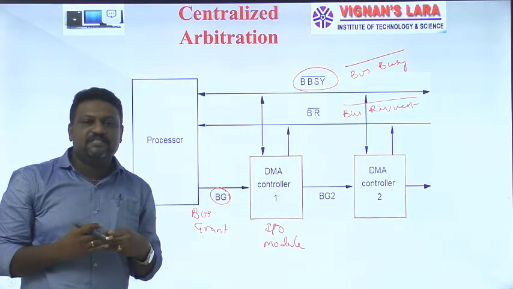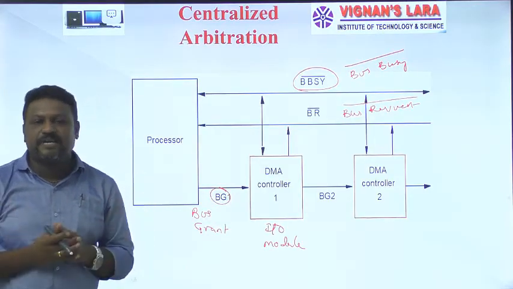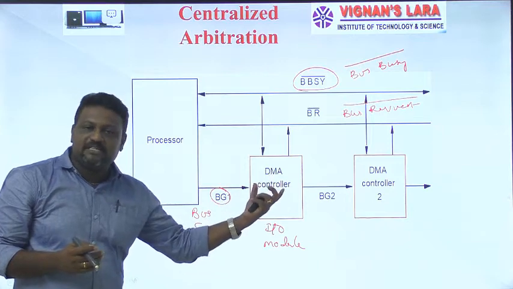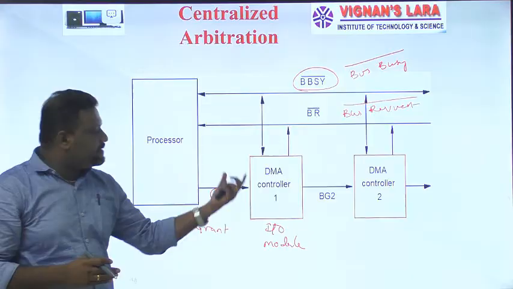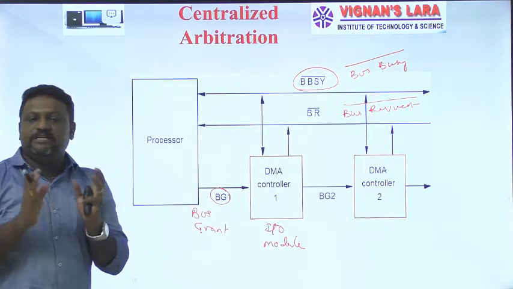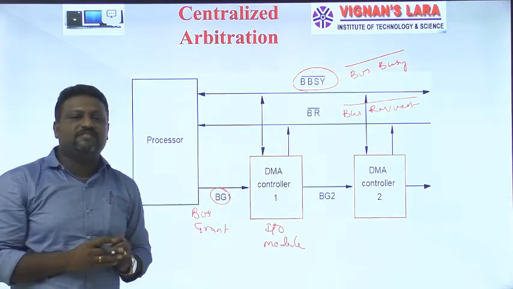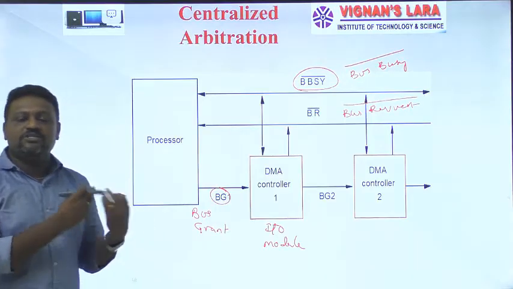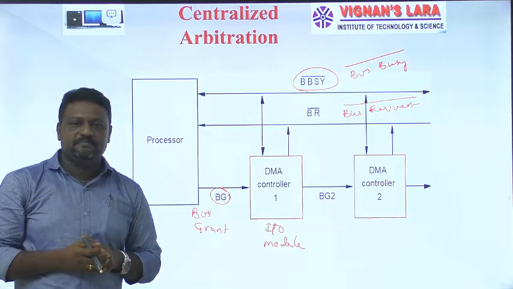The nearest device, from the CPU or processor point of view, has the highest priority. If that device has not sent any request to the CPU, it simply bypasses the received acknowledgement signal to the next. So in daisy chaining, it is the responsibility of the devices to bypass the received acknowledgement signal, which is issued by the processor, from one device to another device.